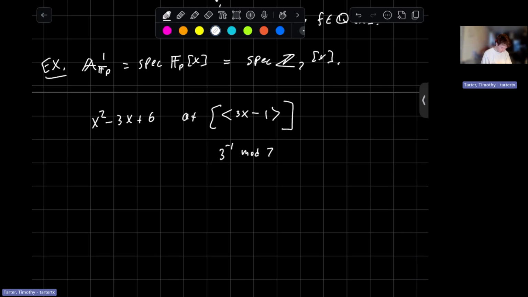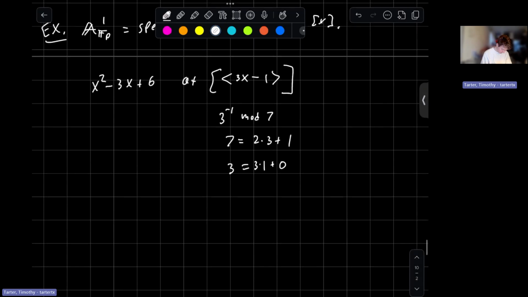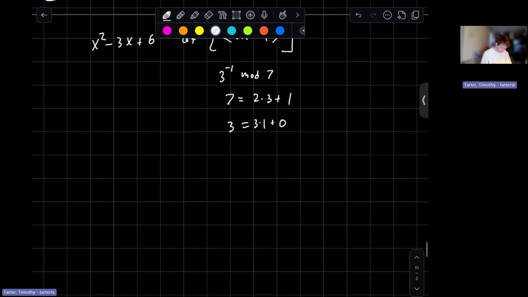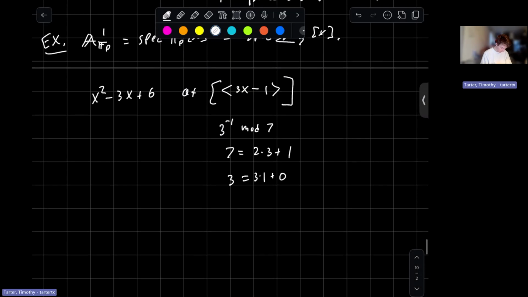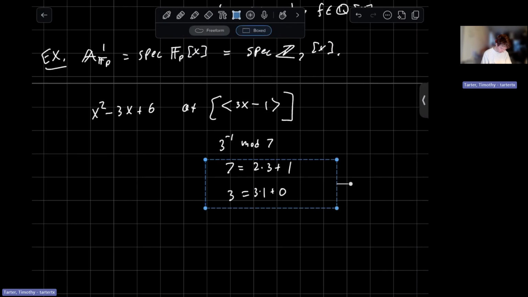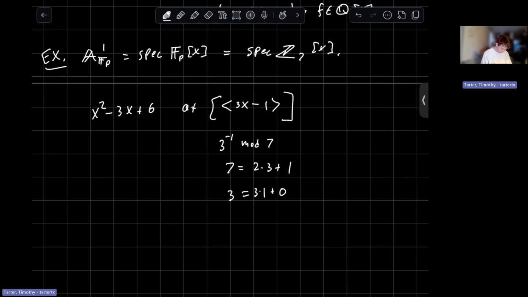Mod 7, we would do 7 is equal to 2 times 3 plus 1. 3 is equal to 3 times 1 plus 0. So 1 is equal to 7 minus 2 times 3.